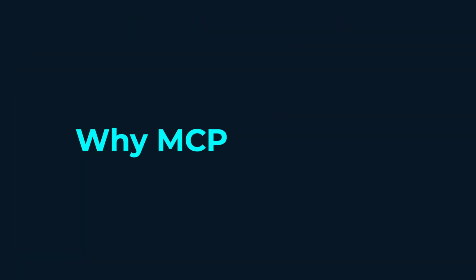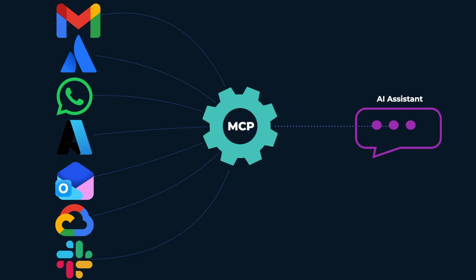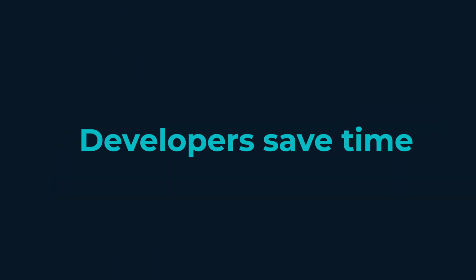Why MCP matters? Before MCP, every AI application built integrations separately. After MCP, things have changed. Build once, use everywhere. Tool providers can expose capabilities through MCP today, and all AI applications can immediately use them. In turn, developers save time, companies save money.